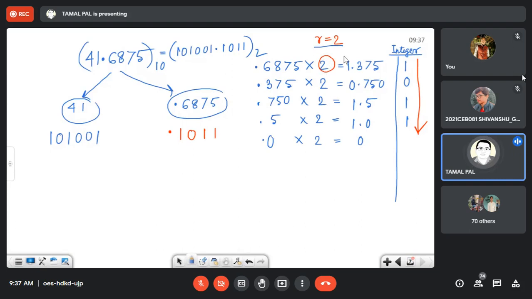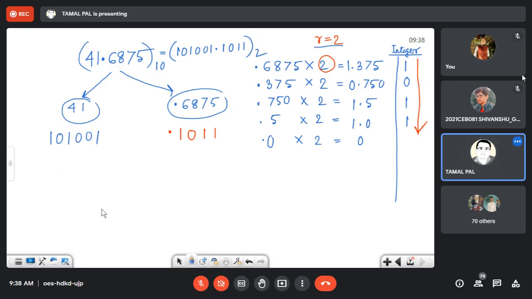You just try to understand the general idea of it. Any number, if you convert into that base, you have to multiply by that base if your number is a fraction. Otherwise, if it is an integer, you have to keep on dividing and collect the remainders. But that divisor is that radix r. Okay.